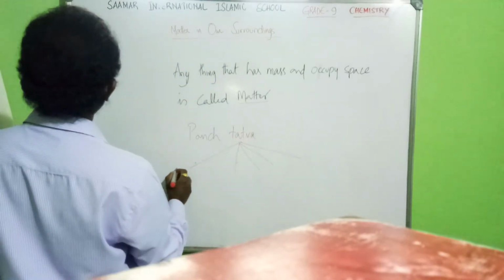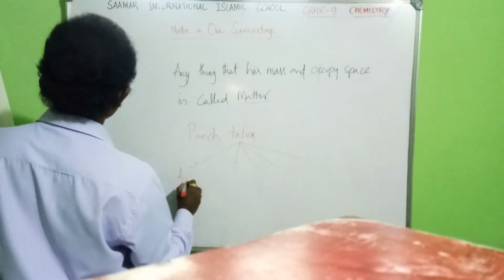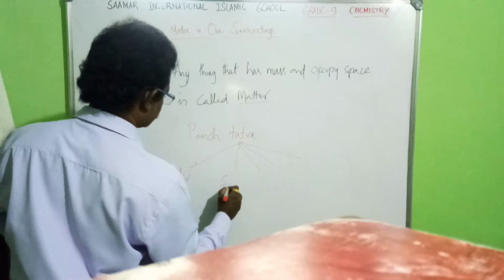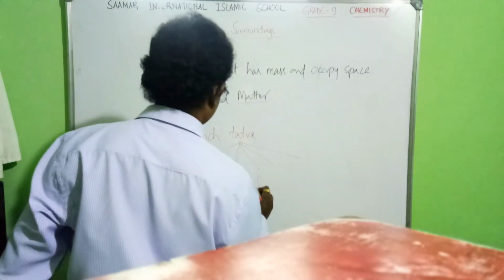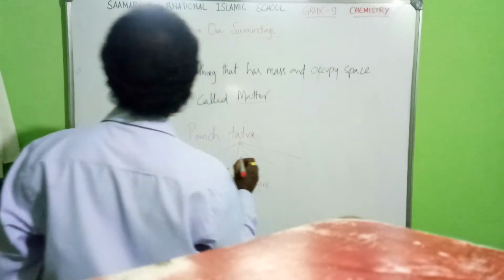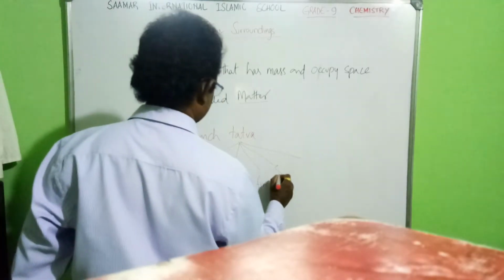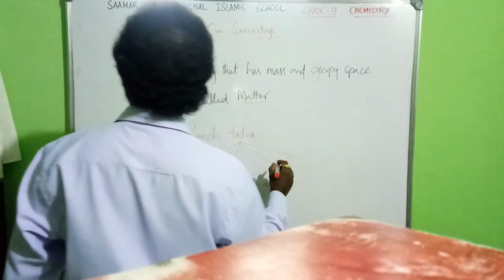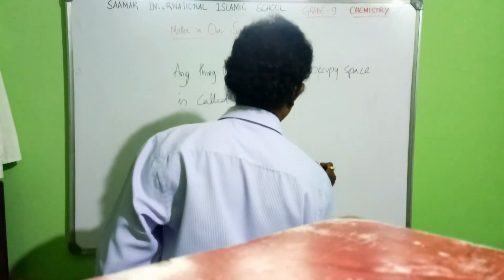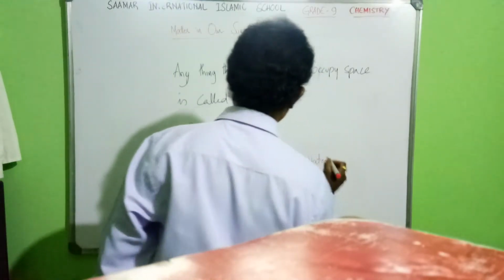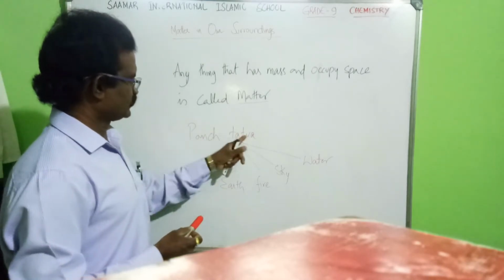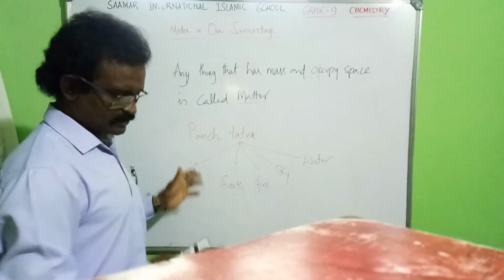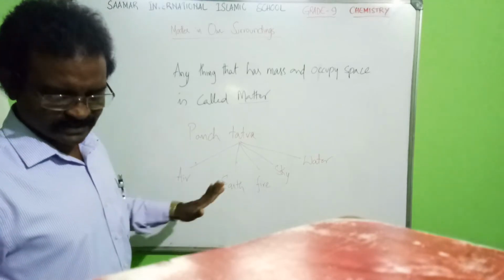First one is air. Second one is earth. Third one is fire. Fourth one is sky. And fifth one is water. So all these are made up of matter. Correct? Panch means 5. This was described by ancient scientists.